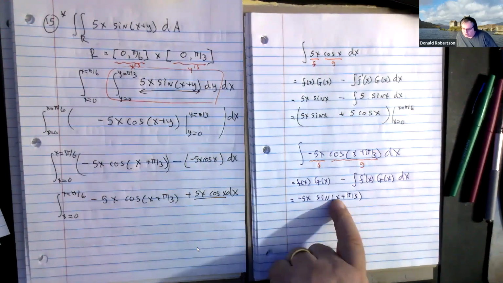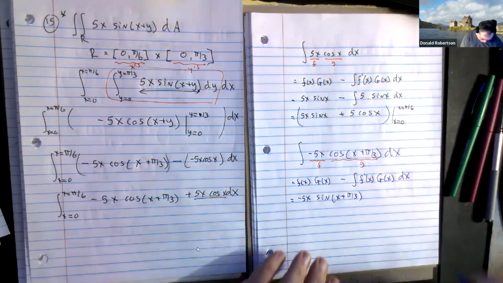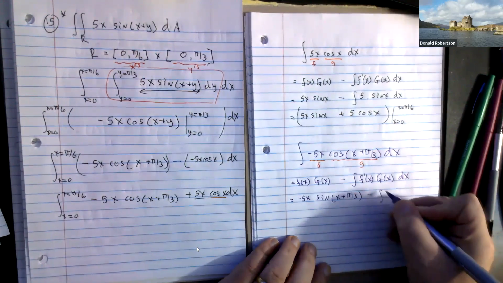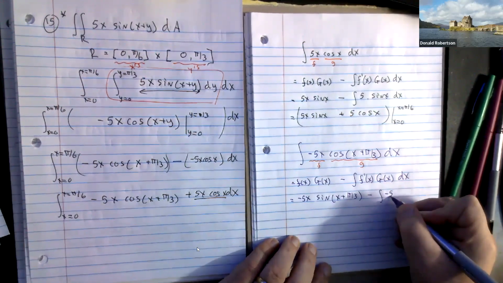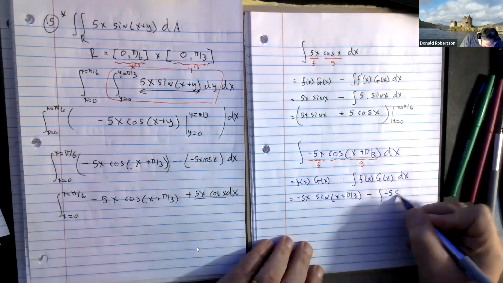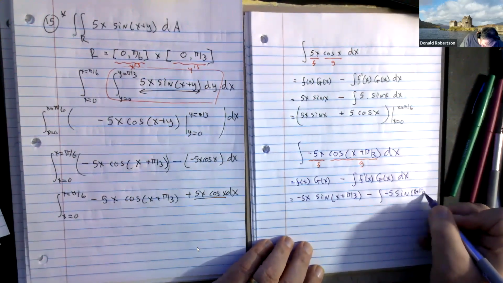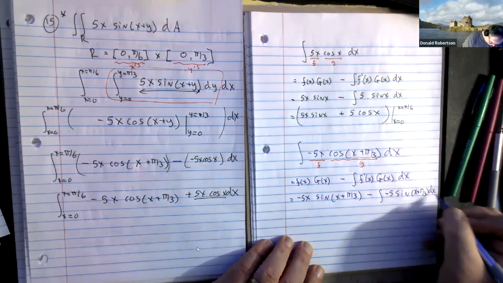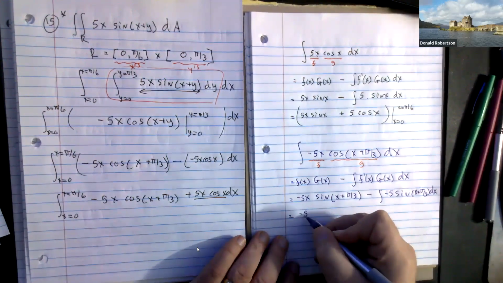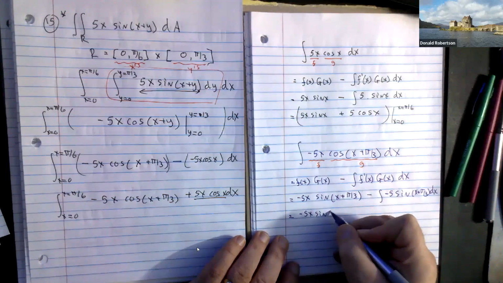Technically times 1 because of 1x. Take away. You differentiate this guy, you get negative 5. You integrate this guy, you get sine of x plus pi upon 3. And so you get negative 5x, this fella.